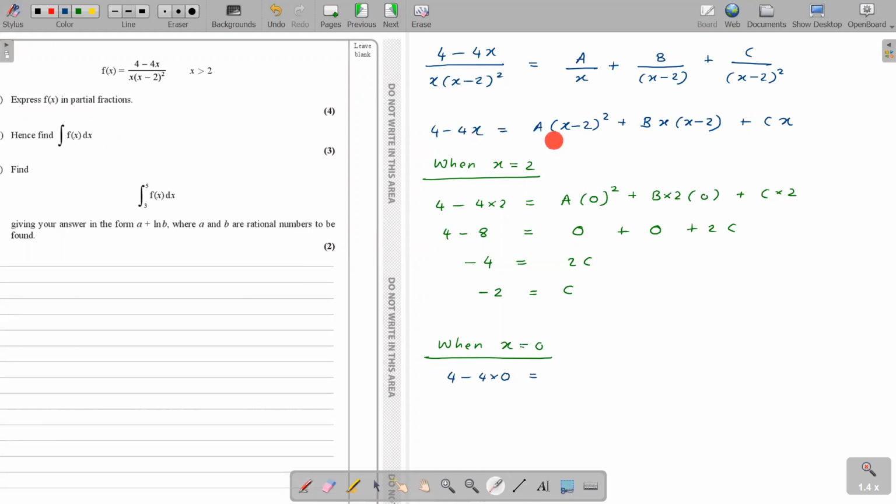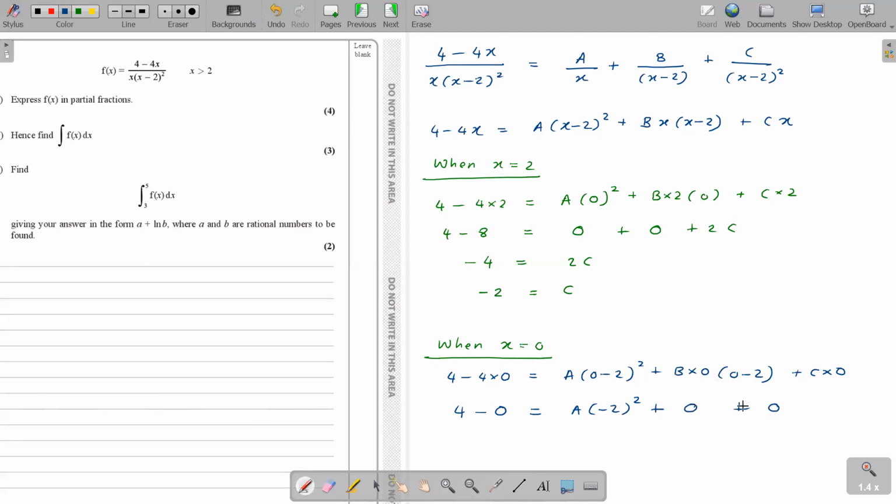Using x as 0 in this equation, I get A times (0 minus 2) squared plus B times 0 into (0 minus 2) plus C times 0. Basically, 4 minus 4 times 0 is 4. Here A times (minus 2) squared. What happens to both these terms? B multiplied by 0. Basically, anything multiplied with a 0 is completely 0.